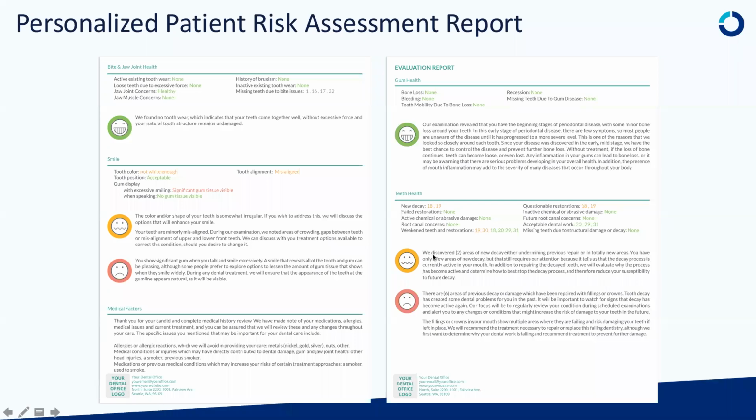Then it goes into the moderate and then the high risk. So the high risk and the moderate risk is basically a paragraph of explanation or literature that the patient can read. Again, very lightly written, very patient-friendly terms so that the patient can understand how many areas of concern there are, what could be the focus, what could be the main issue if they don't actually go ahead with the treatment.